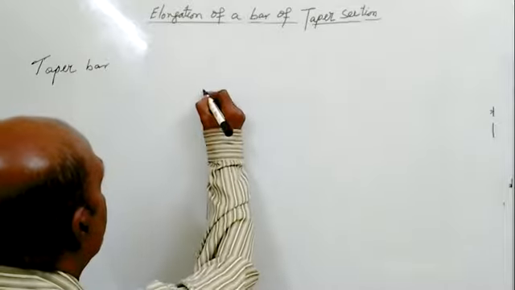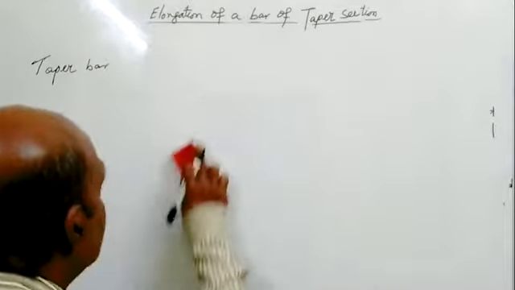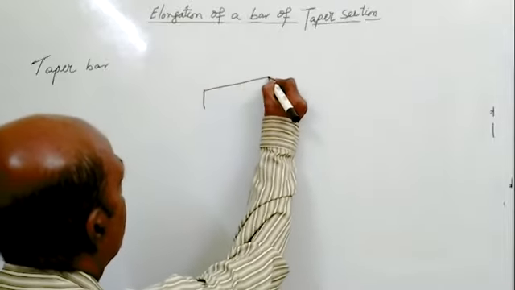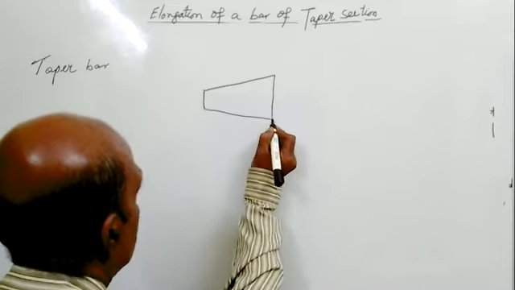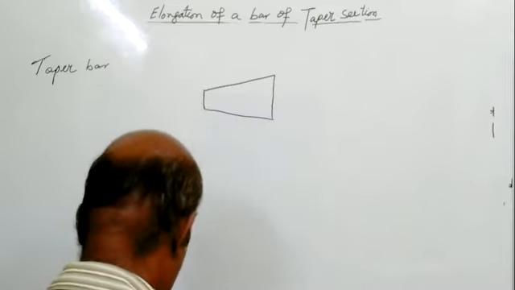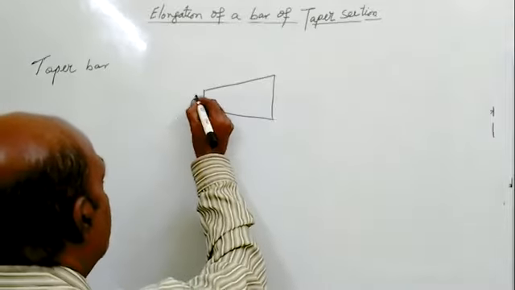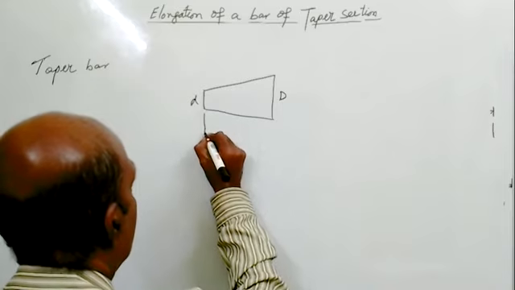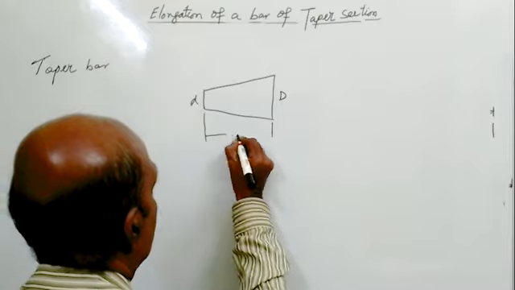Say a circular taper, the diameter increases from small d to capital D, and the length of the bar is given as L.